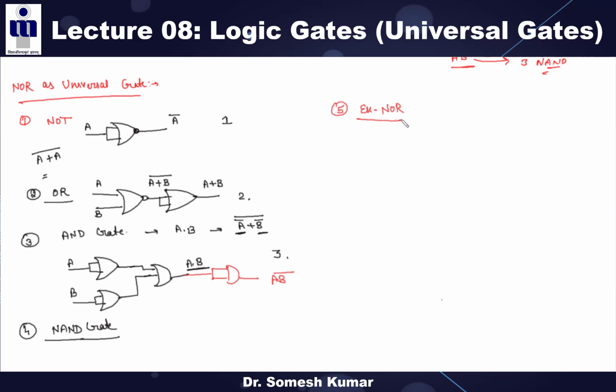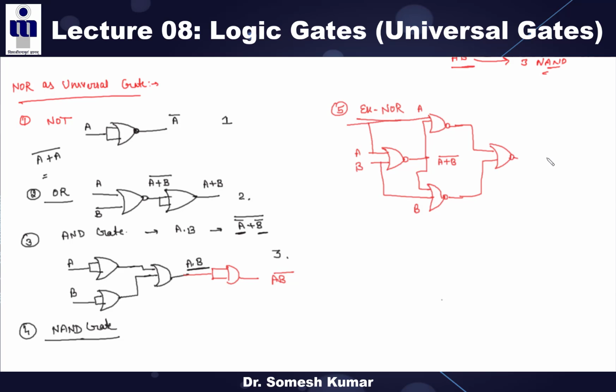Now the XNOR. Similar to the NAND gate, here for the XNOR we are using this A plus B, this is A input, this is B input, and when both are given to this NOR gate, it will give A plus B whole bar.